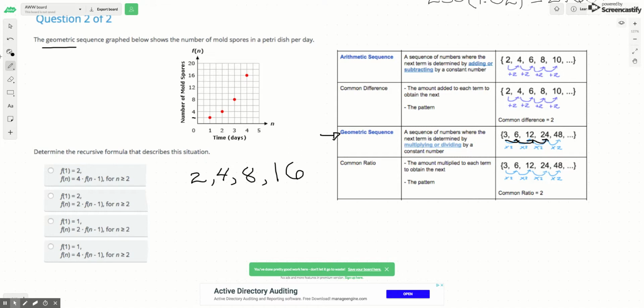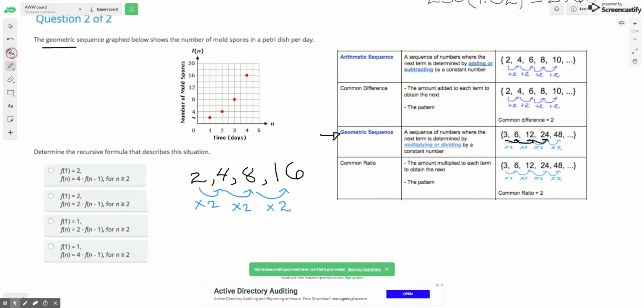So let's try to figure out what the common ratio is for our sequence. How do I get from 2 to 4? Since it's a geometric sequence, we know that we have to multiply a number. So 2 times 2 gives you 4. From 4 to 8, you multiply by 2. From 8 to 16, you multiply by 2. All right, perfect.